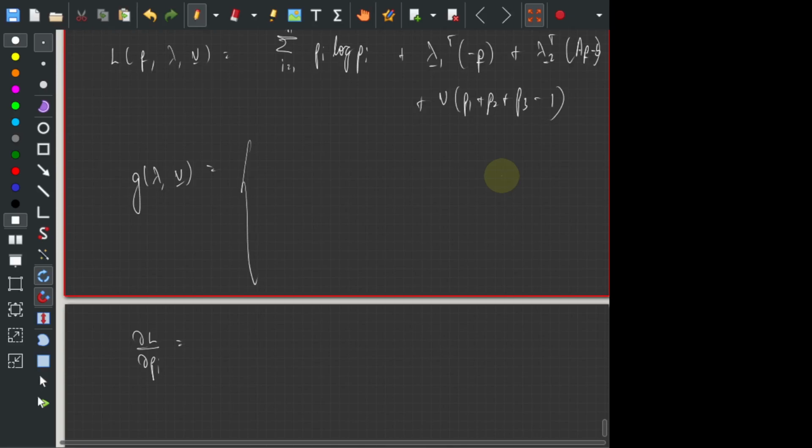The infimum. So we want the infimum, but we can do that in perhaps two steps. So firstly, when is this finite? When is the infimum finite? And when is it going to be minus infinity? This function is defined for pi greater than or equal to 0 for all i.